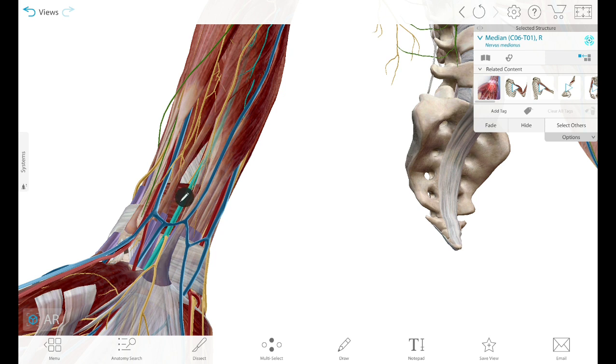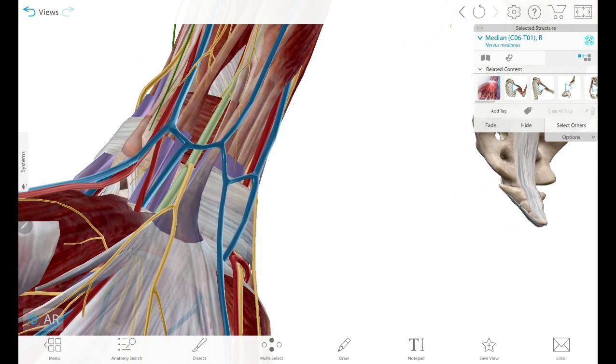So flexor digitorum superficialis and flexor digitorum profundus are spared in carpal tunnel syndrome, and also this superficial branch is spared, since it is not traveling underneath the carpal tunnel but over the carpal tunnel, on the top of it.